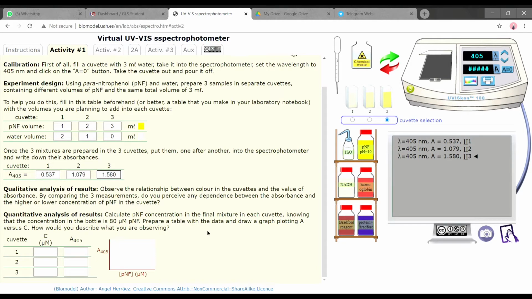The next question, we need to calculate the PNF concentration. So we use the formula of C0V0 equal to CdVd, so that we can get the concentration of PNF, the final mixture.